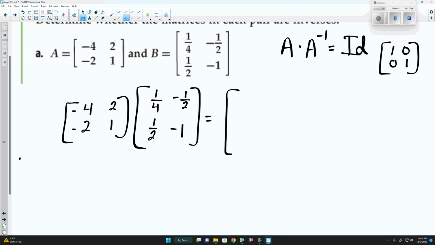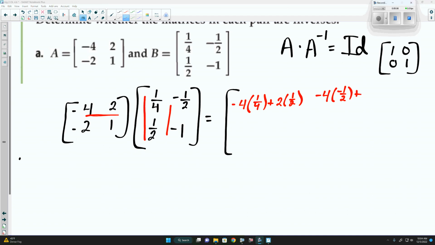Because if we remember from last week, by hand, we go over and down. Negative 4 times 1/4 plus 2 times 1/2. We go over and down again. So negative 4 times negative 1/2 plus 2 times negative 1.